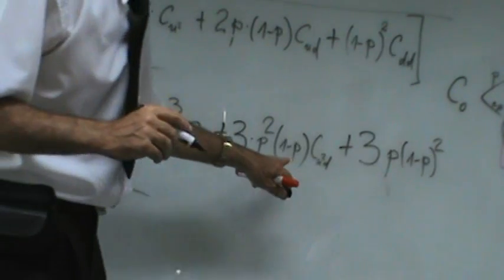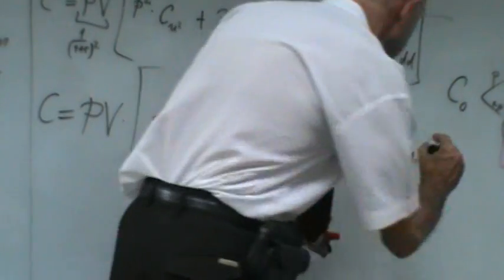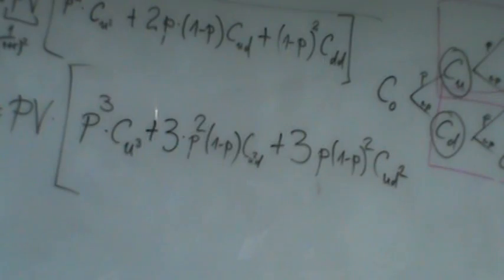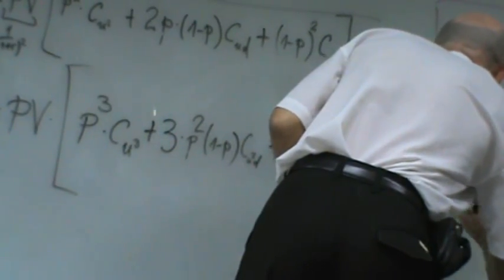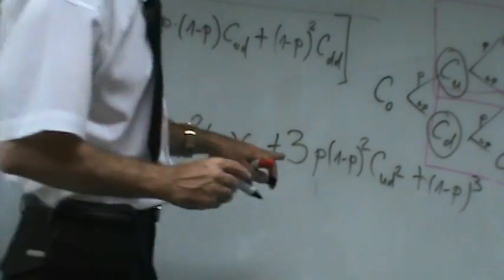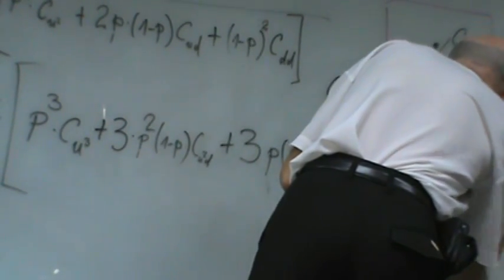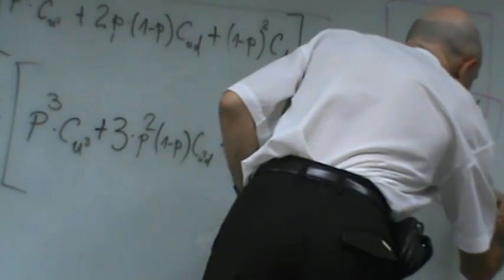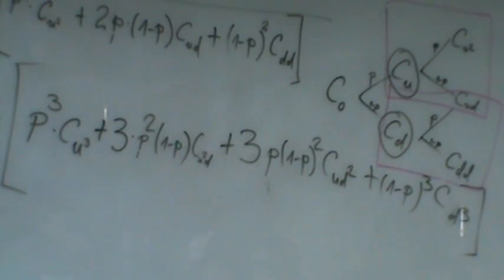You guys pay attention. P(1 minus P) squared becomes C_udd. And then the last piece is, remember, 1 minus P to the third power, and then we got C_ddd, to the cube. And I close the bracket for the present value.